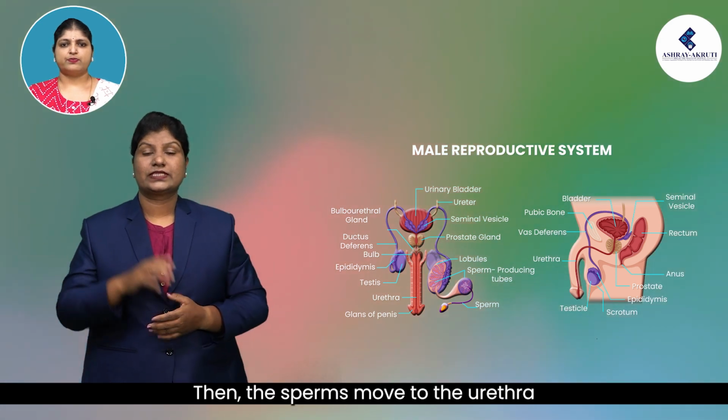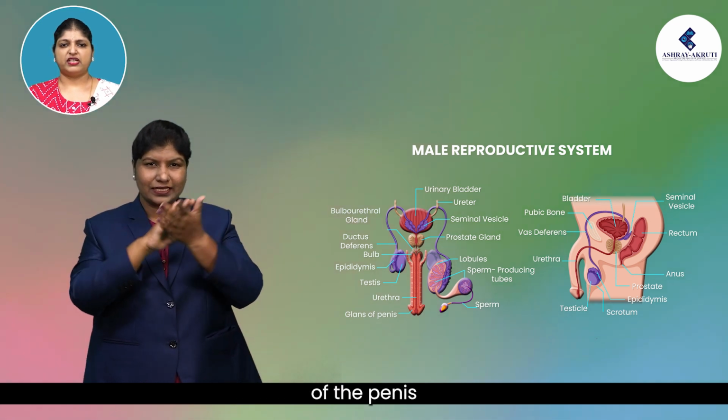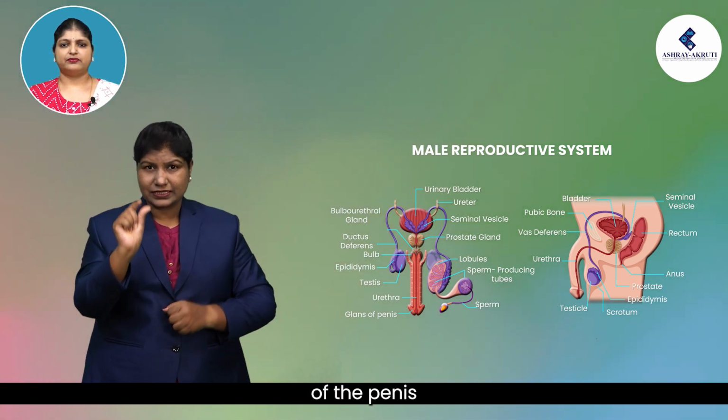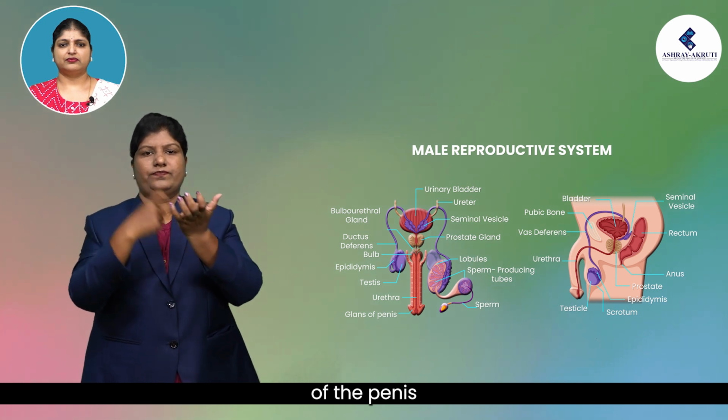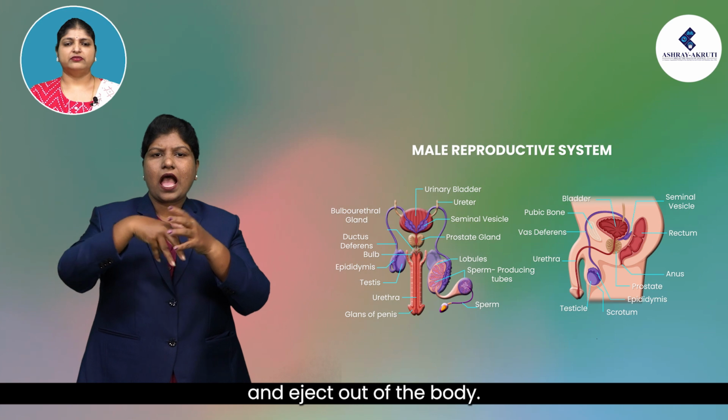Then, the sperms move to the urethra of the penis and eject out of the body.